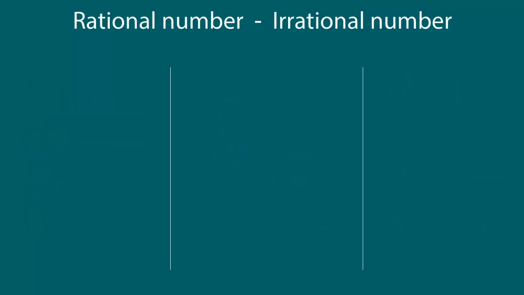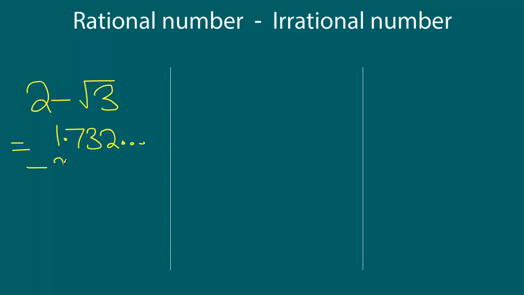Let's take a look at some more examples. This time, how about we do 2 minus square root 3? Square root 3 is 1.732 and it goes on like this, and minus, we will have 2.